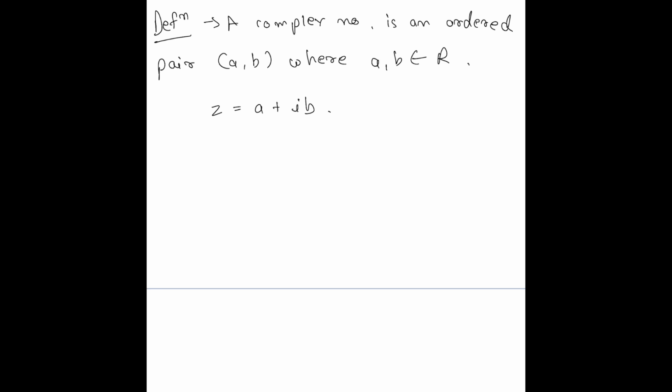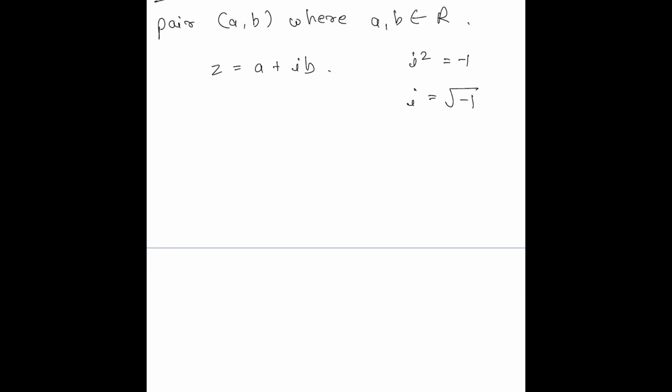For the complex number, i squared is equal to -1, so i is equal to the square root of -1. We have a basic thing called the real part of z, which is a, and b is the imaginary part of z.